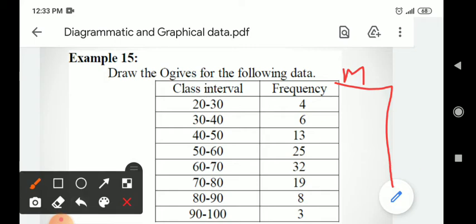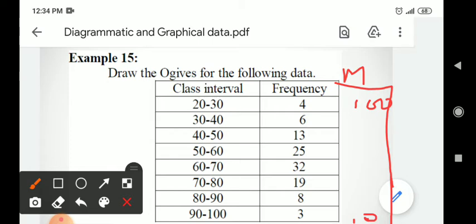bottommost part, that is, more than 20. How many are there? More than 20, everything is there. 100. More than 100, how many are there? 0, right? So 0.